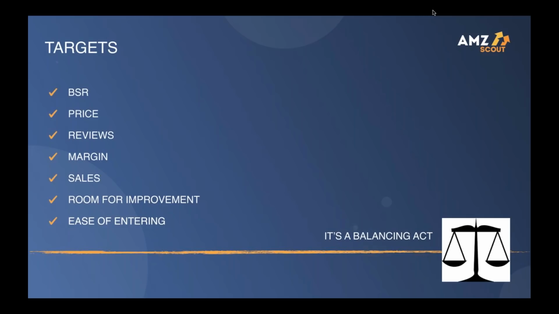Are you looking for something that has a higher margin? Because maybe you have to give up the price point or the BSRs, things like that. Maybe something might have more reviews than what you'd like, but it has everything else. So there's certain things that you need to make decisions for yourself. They all kind of teeter out, and we'll go through some of those.